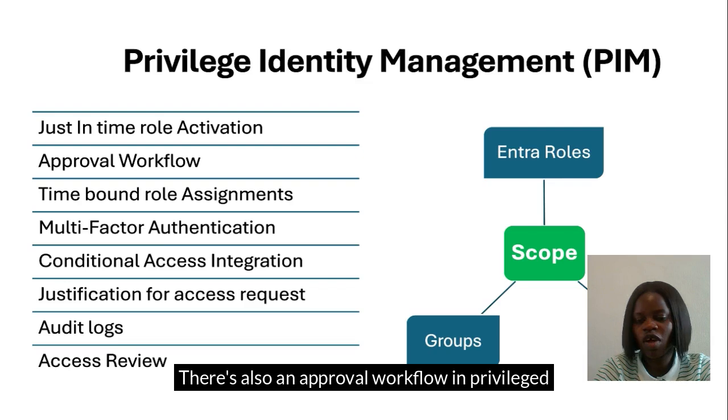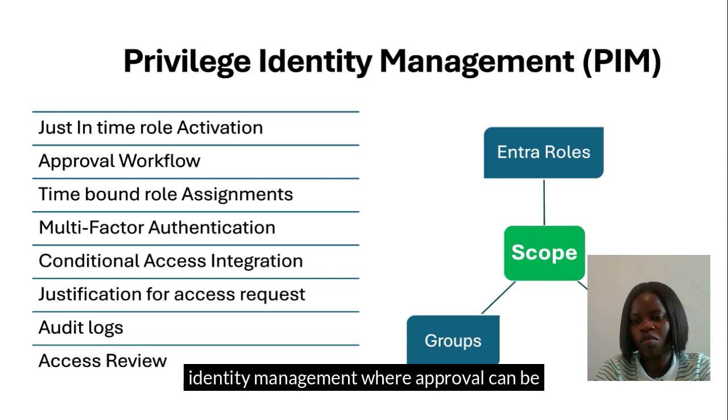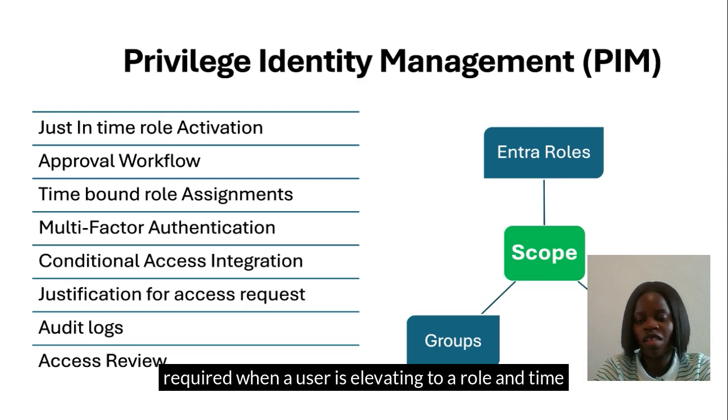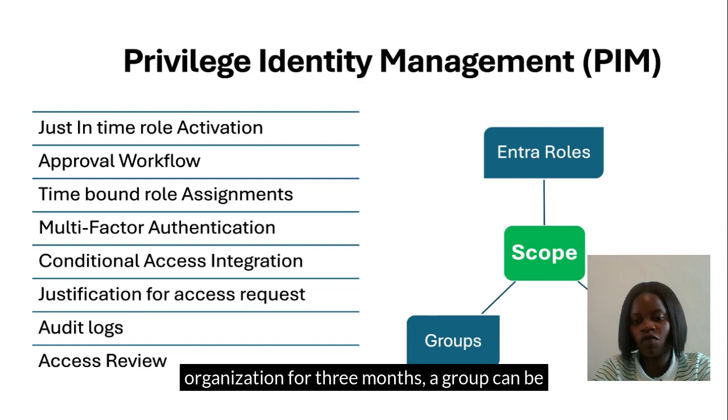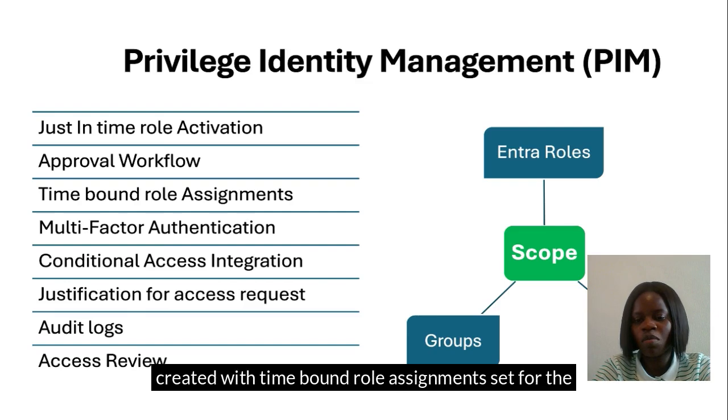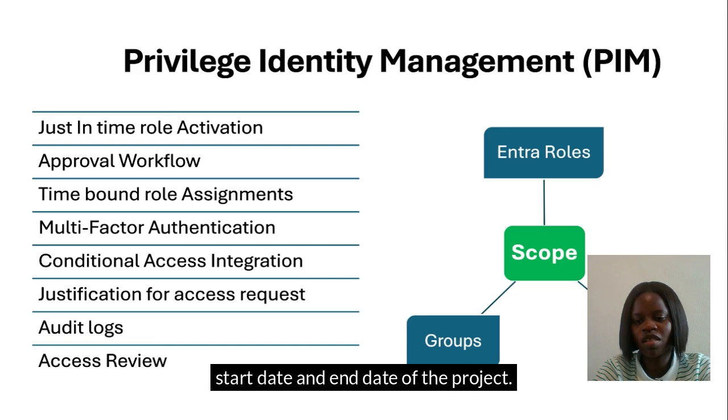There's also an approval workflow in privileged identity management where approval can be required when a user is elevating to a role, and time-bound role assignments for duration. Let's say we have vendors working in the organization for 3 months. A group can be created with time-bound role assignments set for the start date and end date of the project.